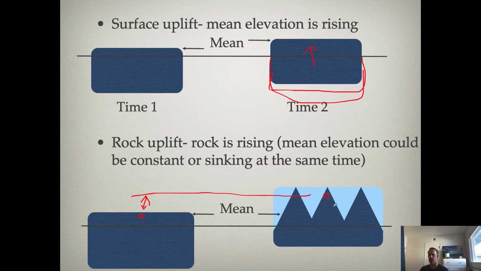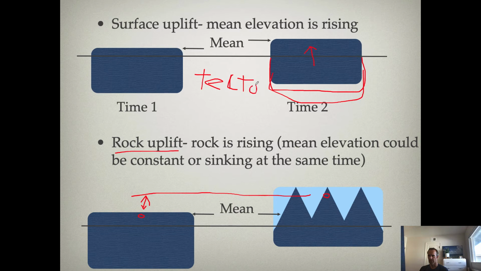In fact, usually in this scenario, it would actually decrease. So rock uplift just refers to a piece of rock rising relative to sea level. And surface uplift means the average elevation of the entire area is rising relative to sea level.